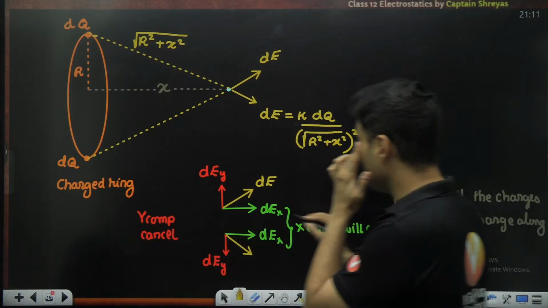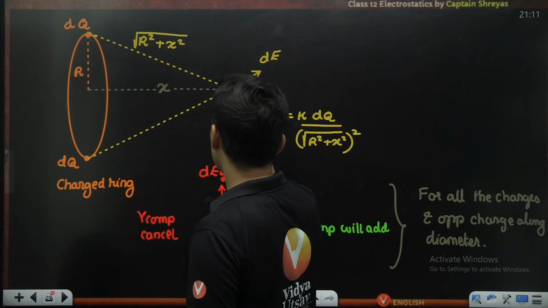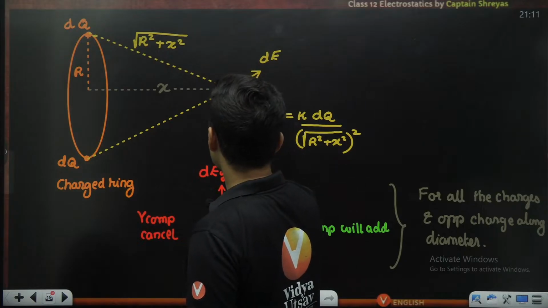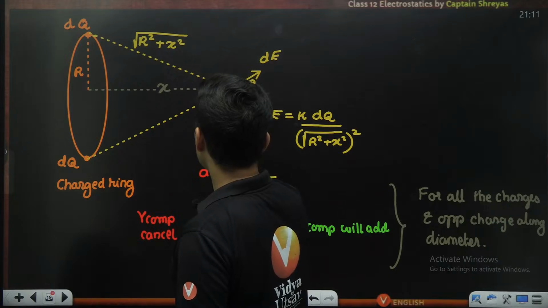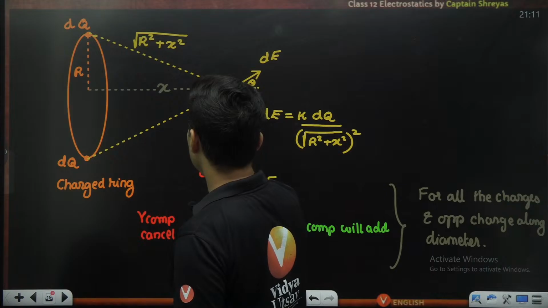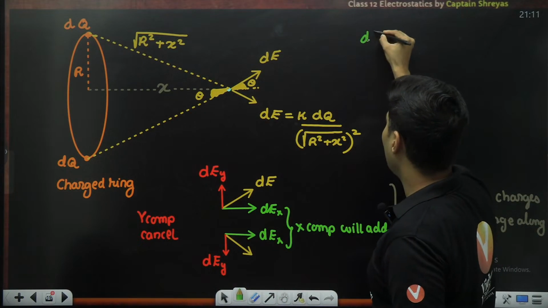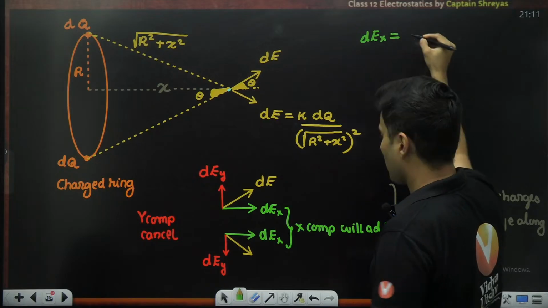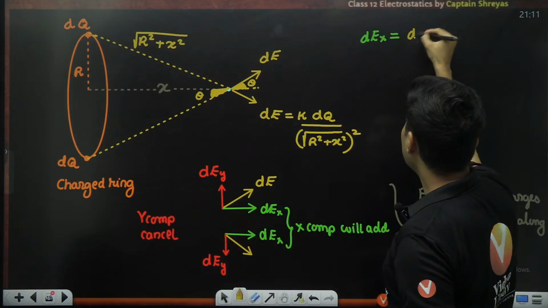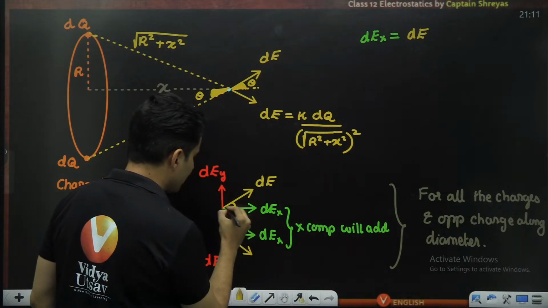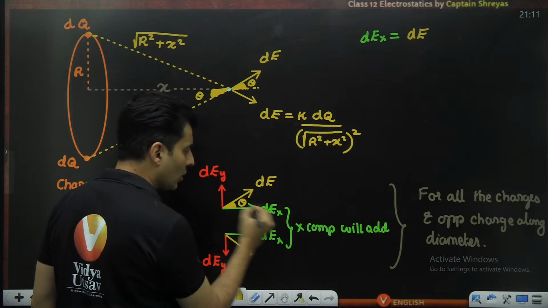You will have to basically say that, you know what, this is, let's say, theta. So even this angle is basically theta. Okay, so dEx, you can find it out, saying it is nothing but dE cos theta, because if this is theta, this is the cos component.